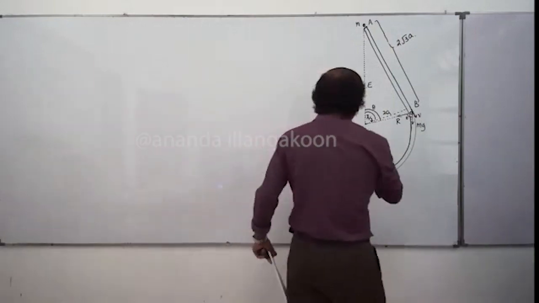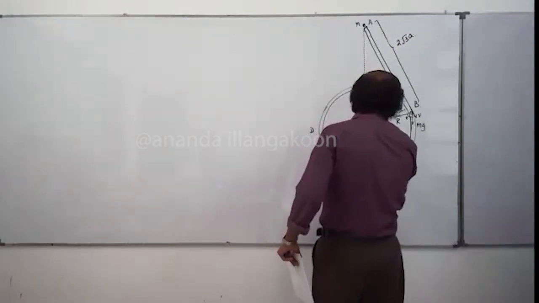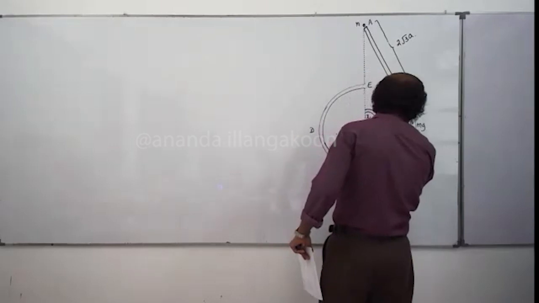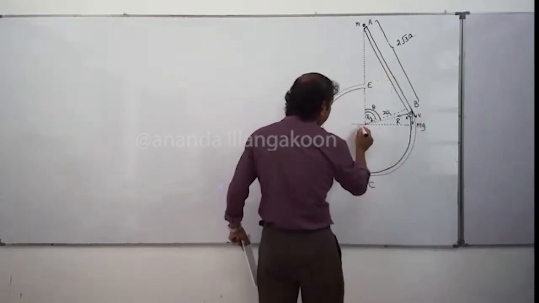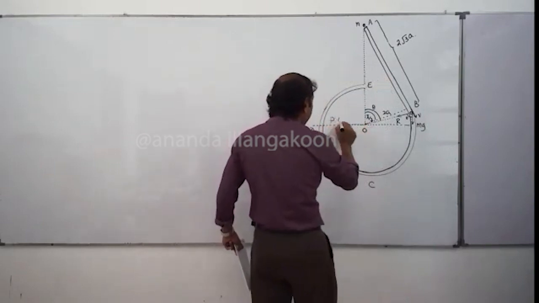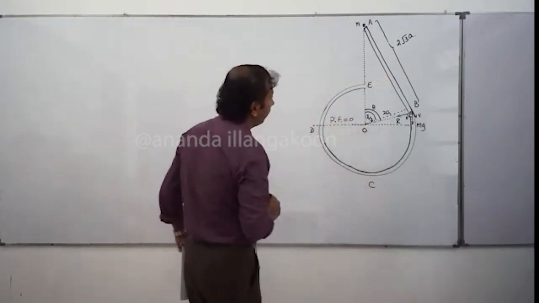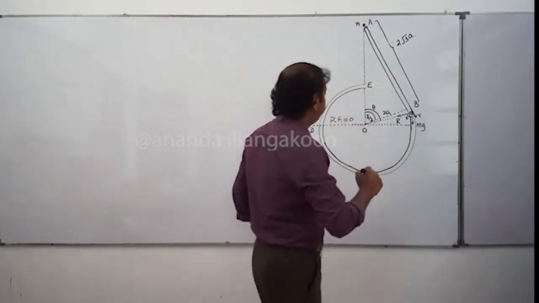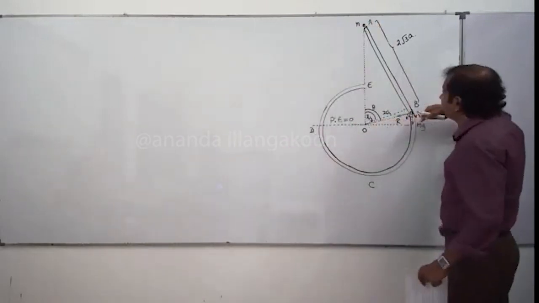I will take the horizontal level through O as my potential energy zero level. Then we need this height.